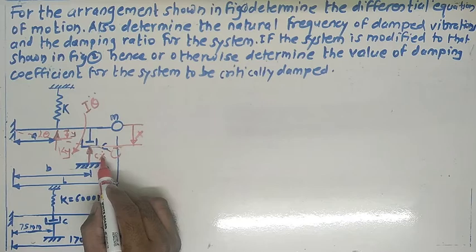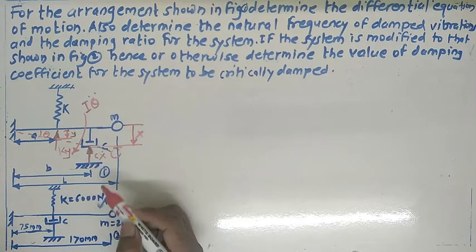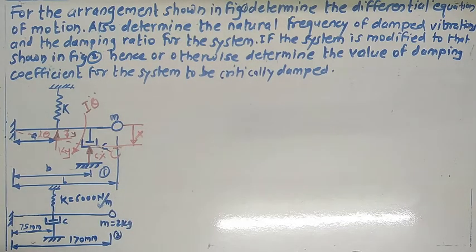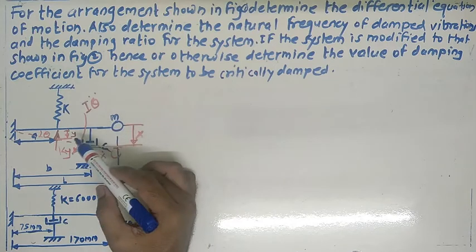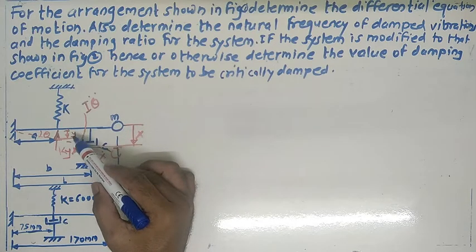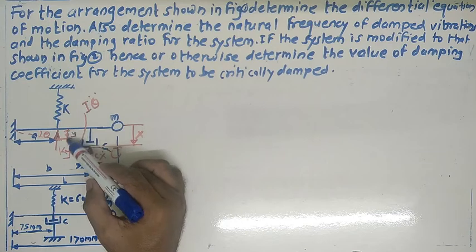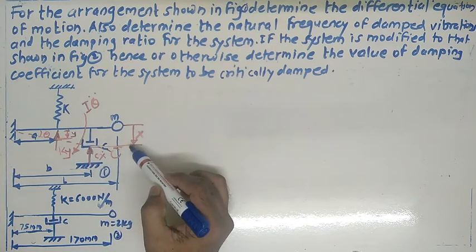Okay, so let us start the development of the differential equation. Before that, it is very important to know the relation for the linear displacement occurring at the spring and at the place of the damper.